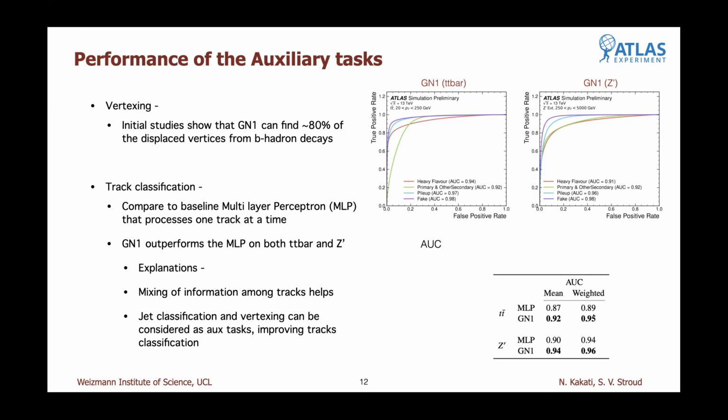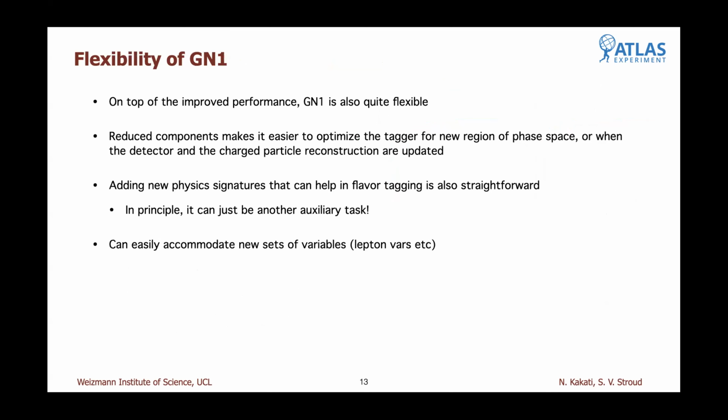The explanation here is that GN1 allows this mixing of information among tracks, which is not there in the baseline MLP. So that certainly helps. Additionally, if you look at things from the track classification perspective, the flavor prediction and vertexing can also be considered as auxiliary tasks, so they also somehow help in track classification.